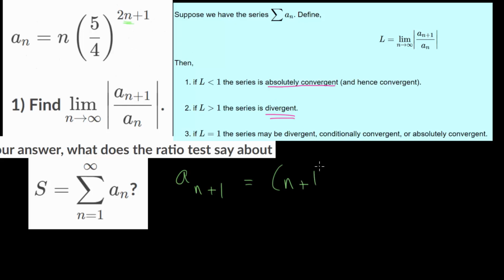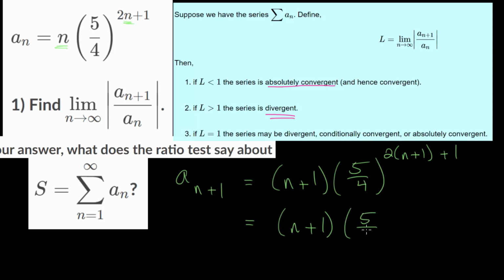So we have n plus 1, since we have n out front, multiplied by 5 over 4 raised to the 2 times n, or now we have n plus 1, and then we will add 1 to that. So let's simplify. We have n plus 1 multiplied by 5/4 raised to the 2n plus 2 plus 1. So 2n plus 2 plus 1 would just be plus 3.